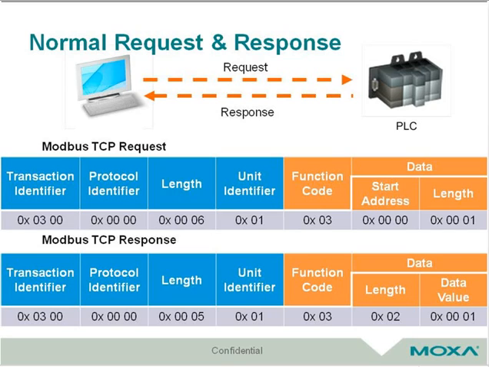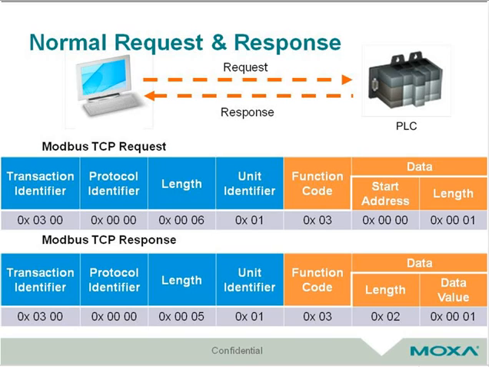This slide shows an example of the request and response of Modbus TCP communication. You can reference the page on Modbus RTU communication. The PDU parts are the same. Let's focus on the MBAP header. The transaction ID is a random number to identify the pair of request and response. And the protocol ID 00 means Modbus protocol.